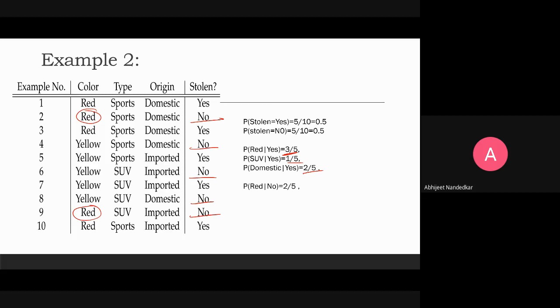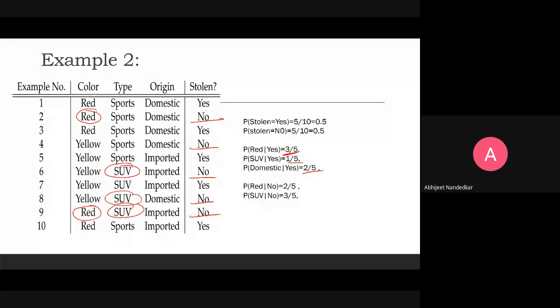So 2 by 5. The second one is, within not stolen cars, how many times is SUV appearing? So this is no and SUV, no and SUV, no and SUV. So 3 by 5.